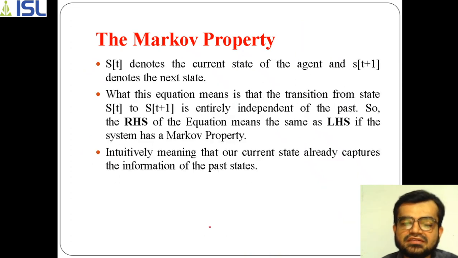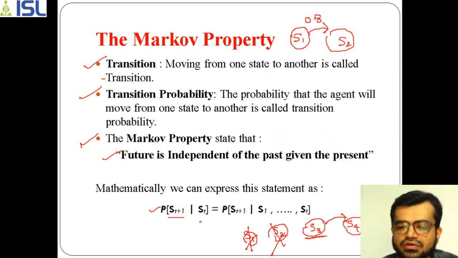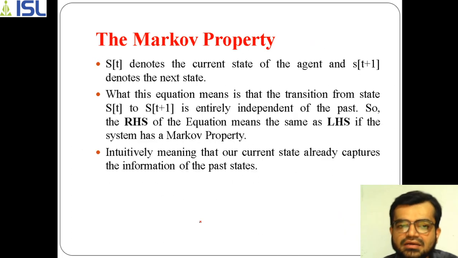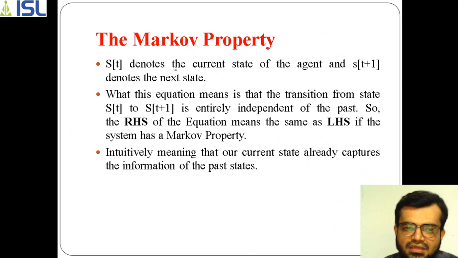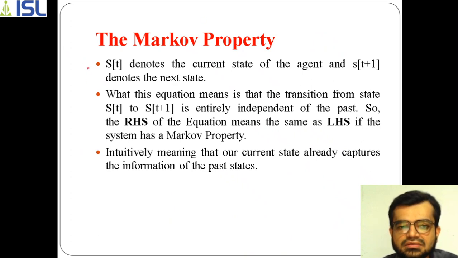So S of t denotes the current state and S of t plus 1 denotes the next state, as I said. The current state is S3 and the future state, S of t plus 1, is S4. What this equation means is that the transition from state S of t to S of t plus 1 is entirely independent of the past.